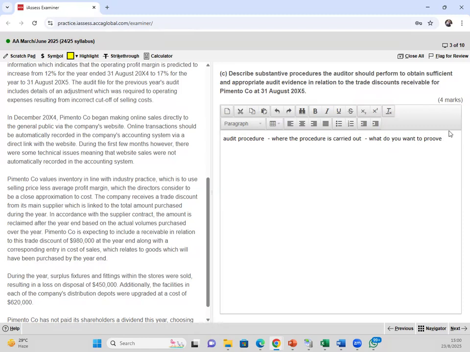So I would want to start with that, just the verification of what they agreed. So review the contract with the suppliers to confirm the terms and conditions of the discount.